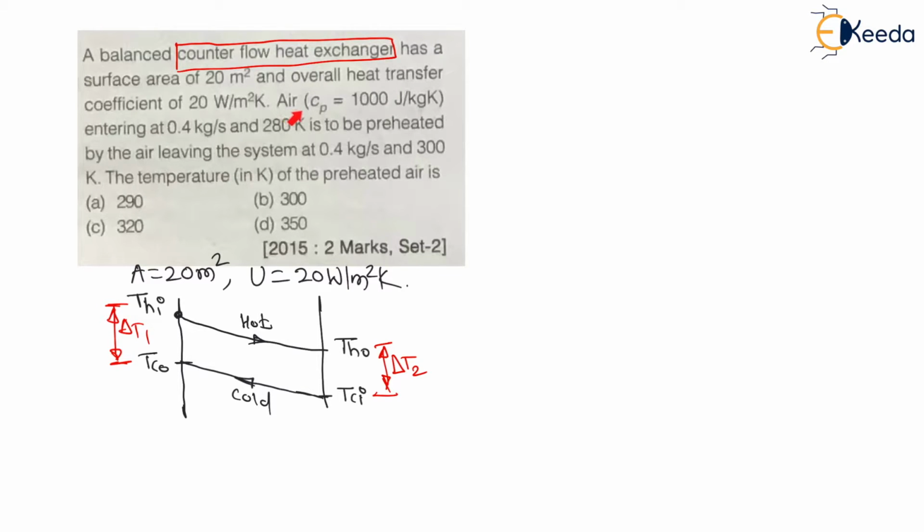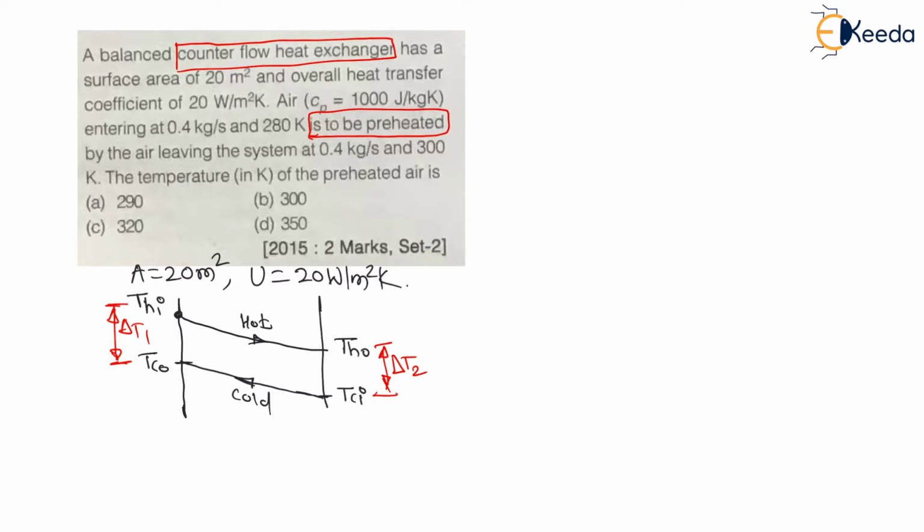Then air, Cp equal to 1000 joule per kg Kelvin, enters at 0.4 kg per second and 280 Kelvin, is to be preheated. Now my dear students, this is a very important statement. Is to be preheated means we have to heat this air, and if we are heating this air, this must be a cold fluid, because if I heat this air the temperature of the air will increase, and for the cold fluid the temperature is increasing.